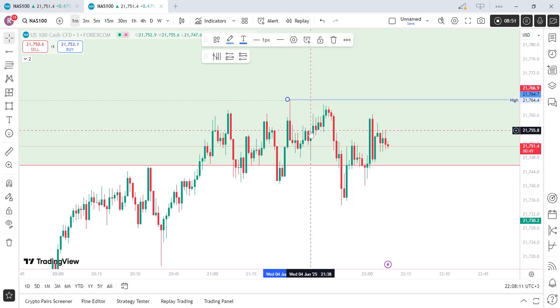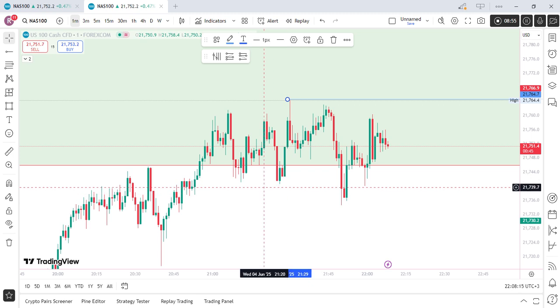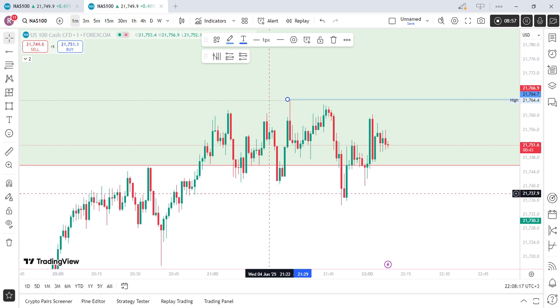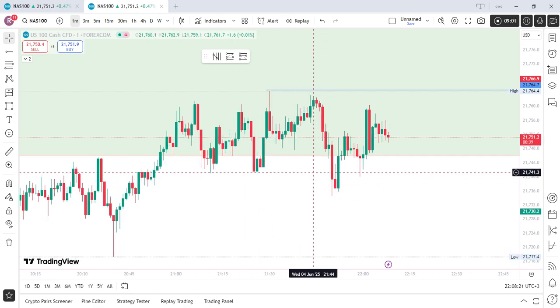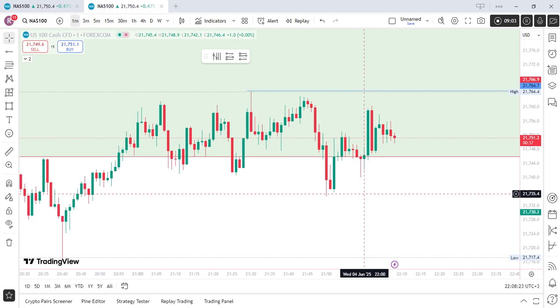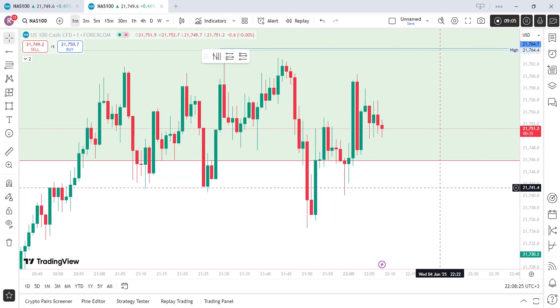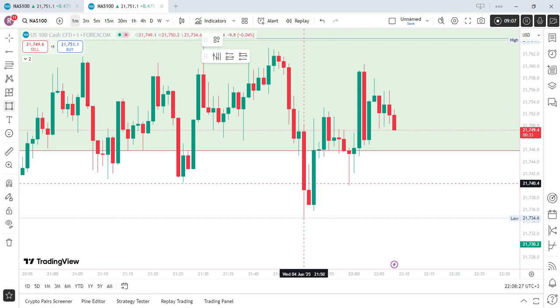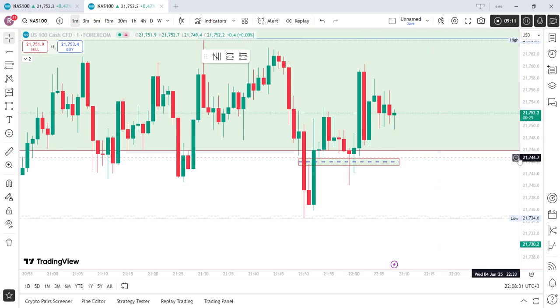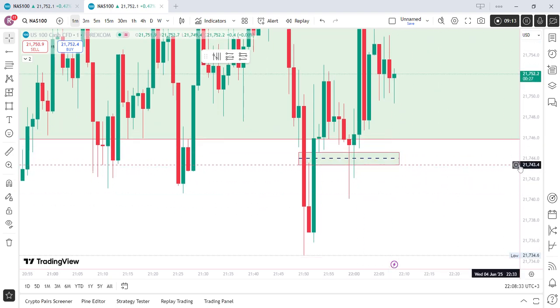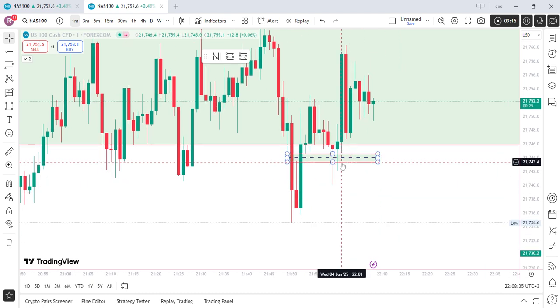So that is on the relative equal highs and relative equal lows. These are important liquidity pools. If you want to buy, you have to spot them. And once you spot them, for example, after taking this liquidity here, remember this is the 1 minute, price gave us a bullish fair value gap, and price came back to tap into the gap.